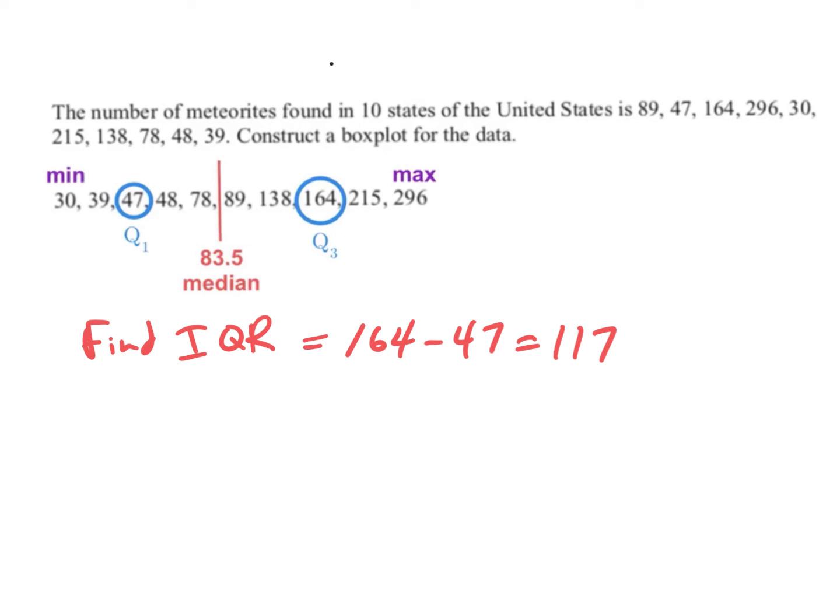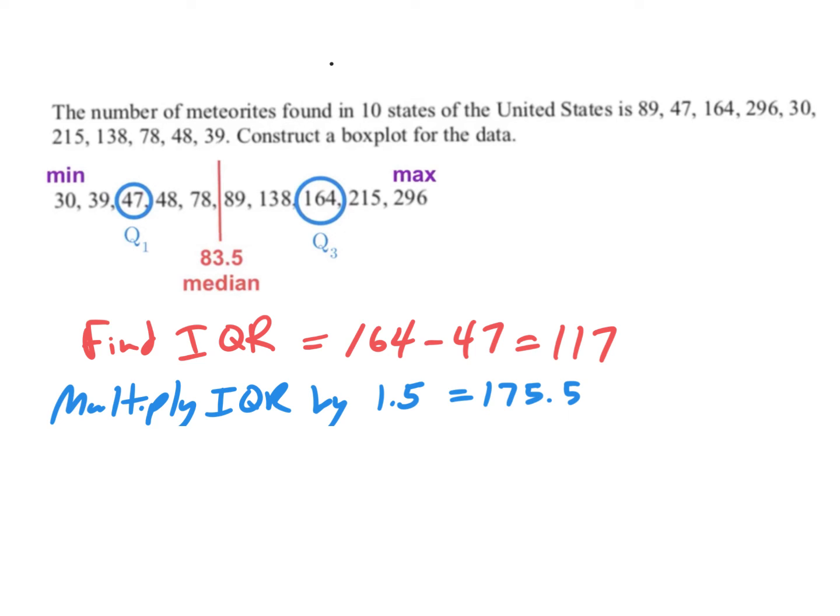So go ahead and do that. Grab your calculator, do 117 times 1.5. Figure that out, please. What do you get? 117 times 1.5. 125.5? I think it's bigger than that. 175.5, yeah. Remember, 1.5 is adding basically a half of 117 to it. All right, so that's 175.5.